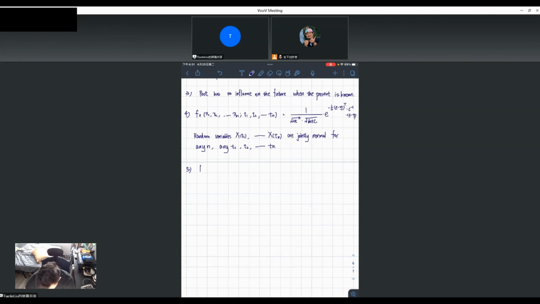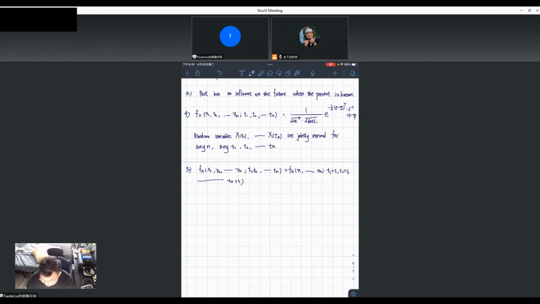For this one, we can also remember one form: the density f_X(x1, x2, ..., xn; t1, t2, ..., tn) equals f_X(x1 to xn) with t1 plus epsilon, t2 plus epsilon, and so on to tn plus epsilon.